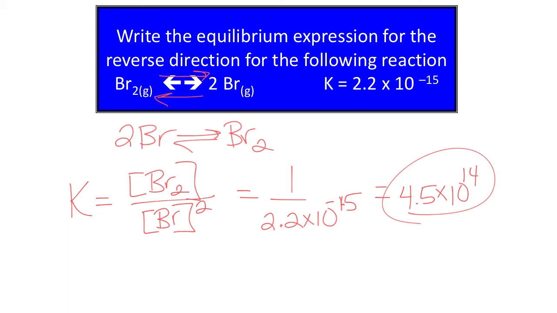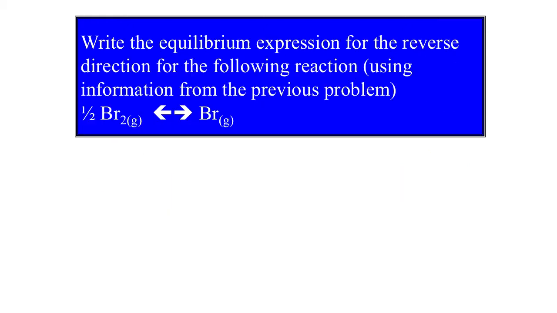So therefore, if we reverse the reaction, then it would be thermodynamically favorable, and you would have a K much greater than 1.